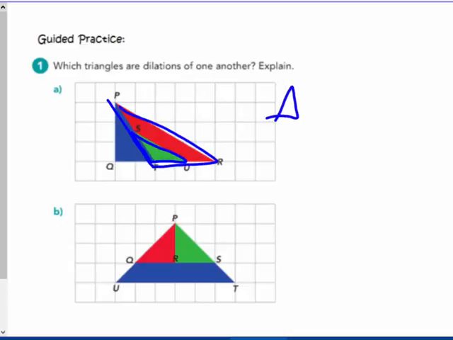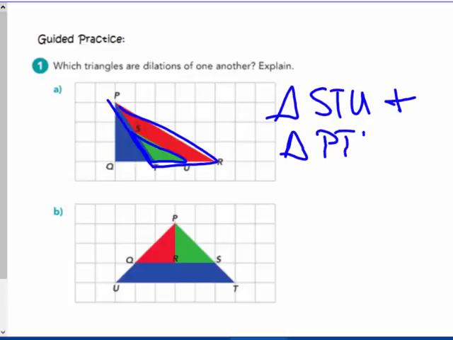So triangle STU and triangle PTR. If you take T and you dilate it out, make it twice as large, because TU is 2 and TR is 4.